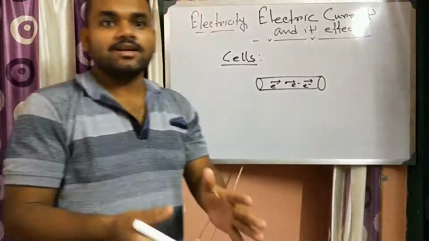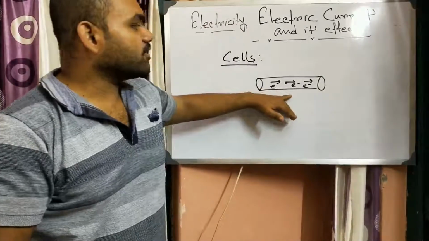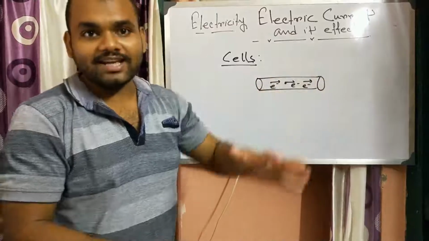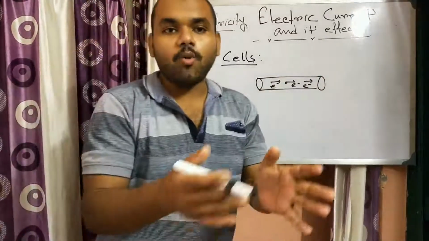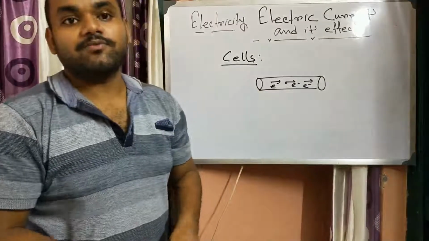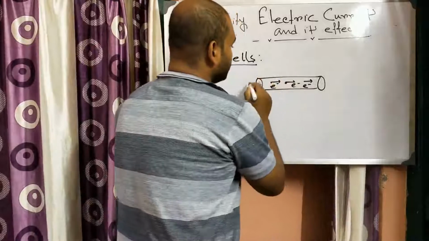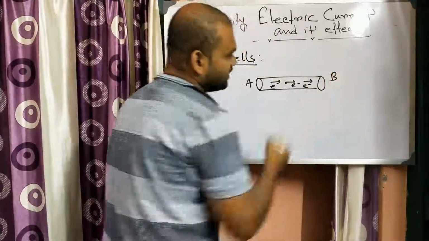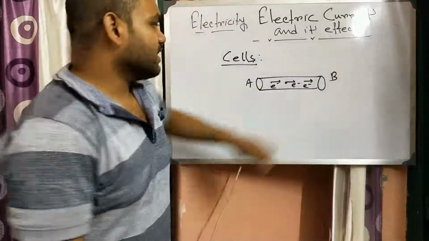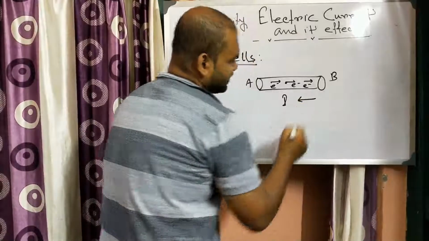In practice, electrons flow. As the electron is negatively charged, we consider the direction of electric current to be opposite to the flow of electrons. That is, if electrons flow from A to B, then electric current will flow from B to A. Why?